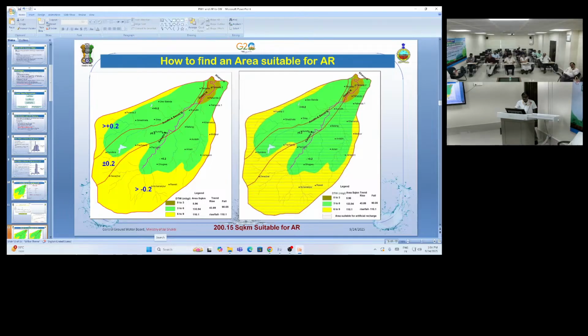In this portion, plus minus 0.2, somewhere it is declining, somewhere it is increasing, and in this upper portion, greater than plus 0.2, the water level is increasing, coming up.